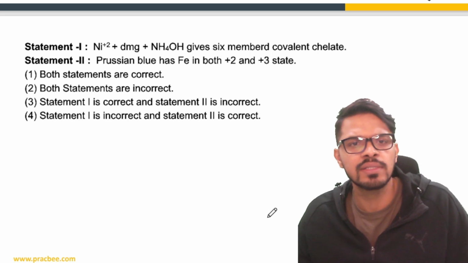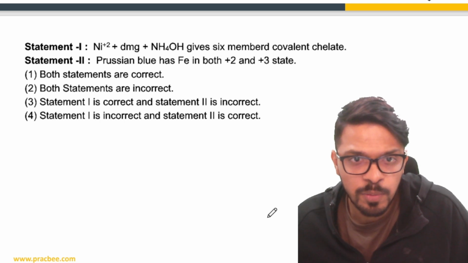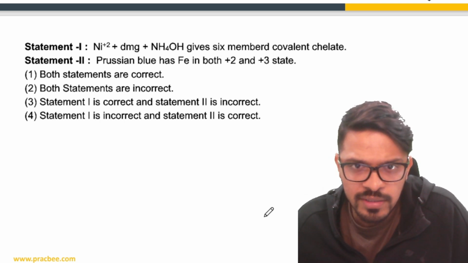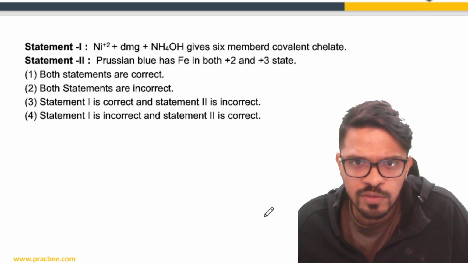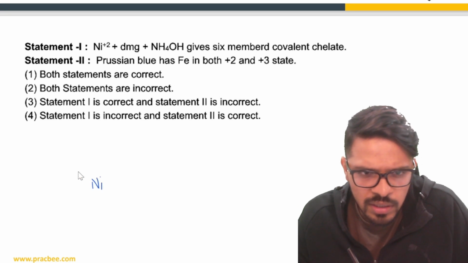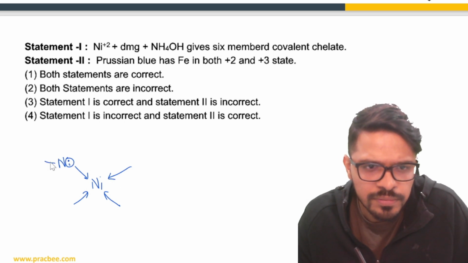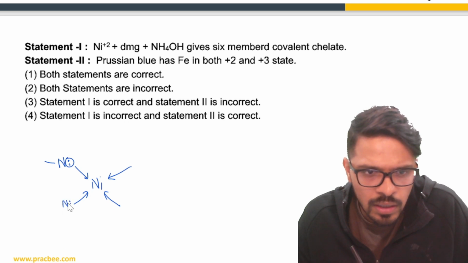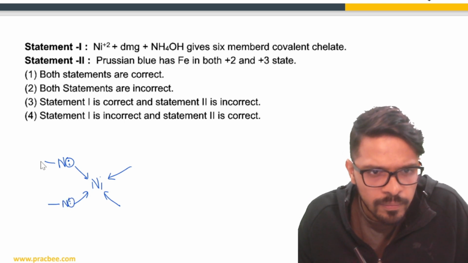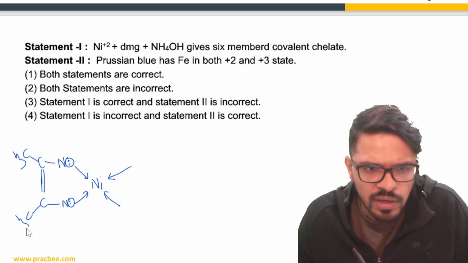Next is Ni+2 and DMG. Finally they have asked the rosy red precipitate question, which is Ni(DMG)2. It gives a 6 membered covalent chelate. Let us see, if we talk about DMG, it is a didentate ligand and the lone pair donation takes place through nitrogen. So we have carbon double bond carbon with CH3 like this, and CH3 like this.